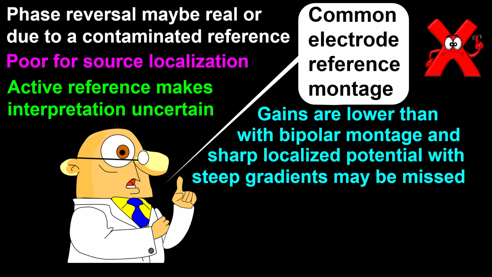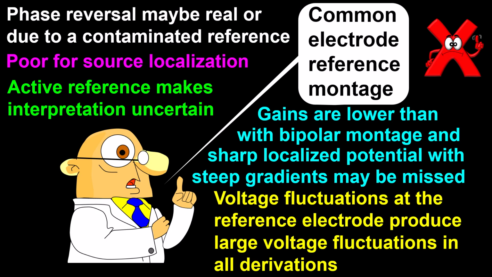Therefore, sharp localized potentials with steep gradients may be missed, and also because voltage fluctuations at the reference electrode produce large voltage fluctuations in all derivations.